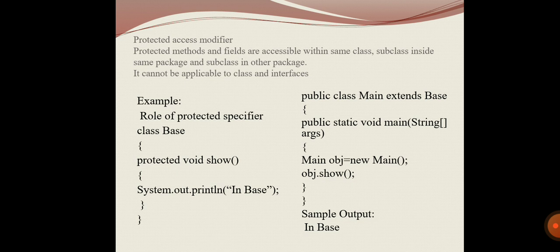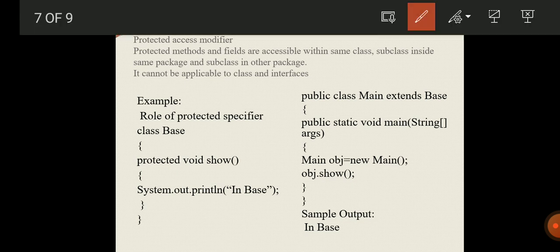Here, class Base, and protected void show is a method that is using protected. Then the main class extends the base class. We create the object and we are able to call the void show method, and we get the output as in base.